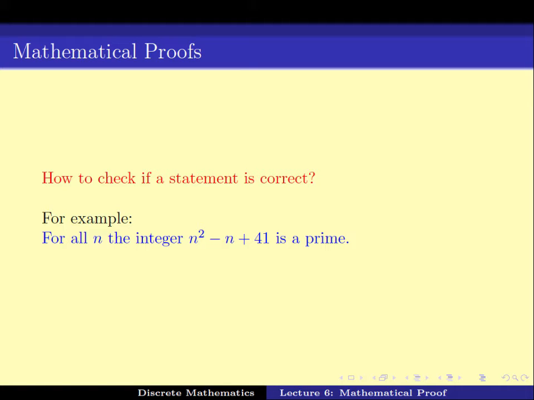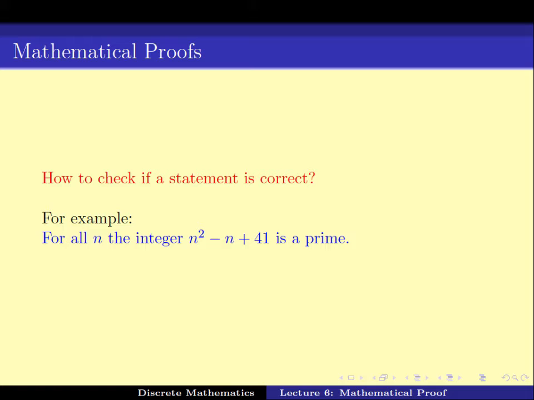For example, consider this following statement. For all n, the integer n square minus n plus 41 is a prime number. So this is a statement I claim.